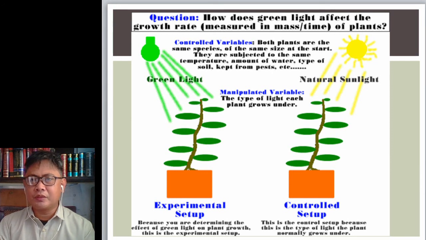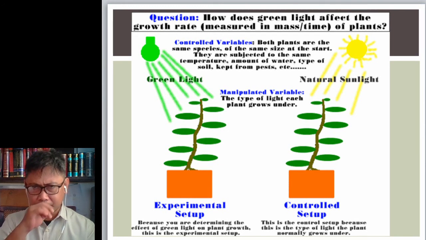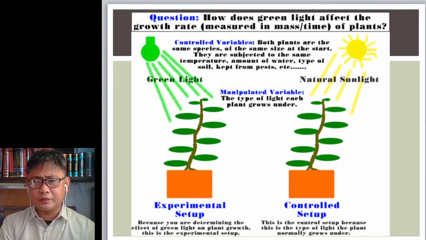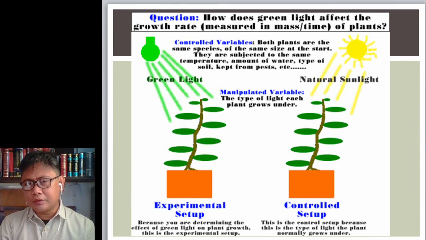They are subjected to the same temperature, the same amount of water and type of soil, and both plants should also be kept from any pests and others. This is what we call the control variable, in order for the result of your study to be more valid, or to increase internal validity.